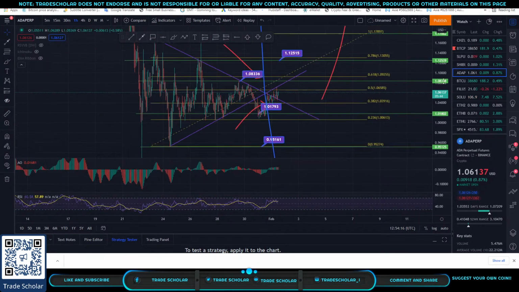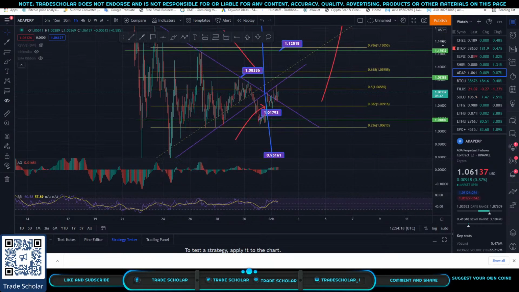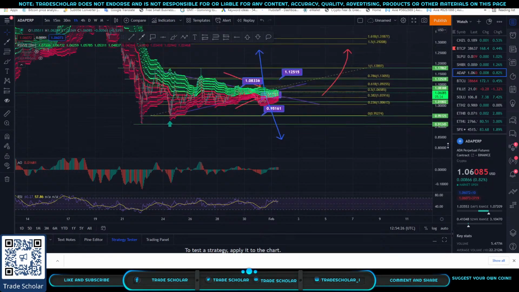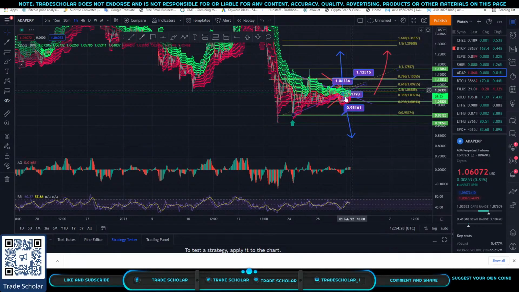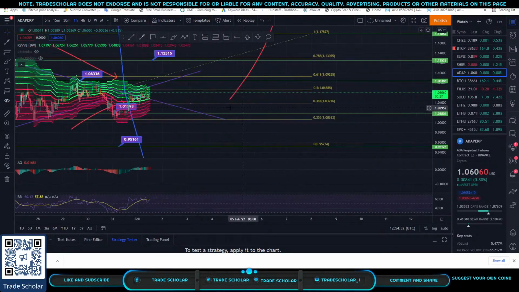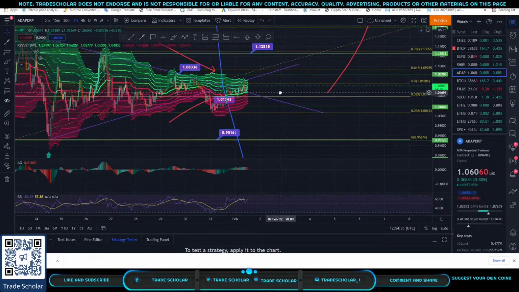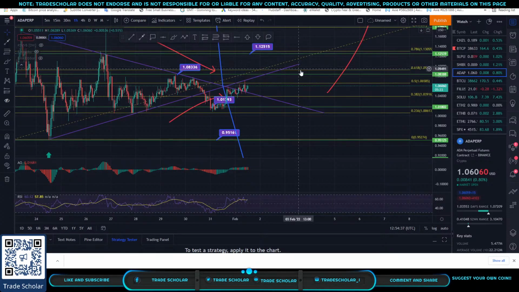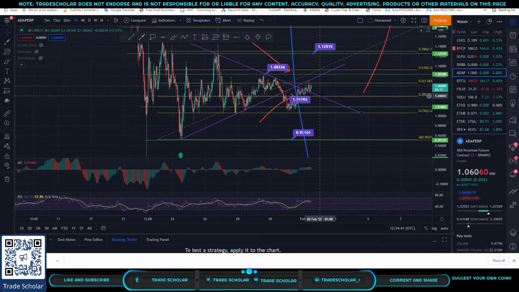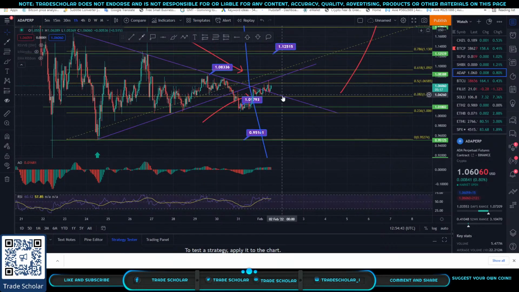So how to trade? Our trading area right now. Okay, we are starting to constrict the band, and then we're going to move either to the upside or to the downside. So right now our trading area is here.